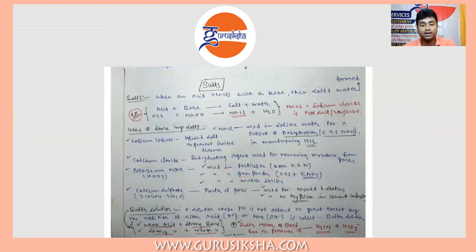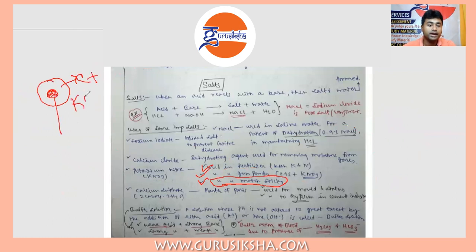So this is another use we can get. The last is to make matchsticks. Suppose in this portion of a matchstick, it is nothing but a combination of carbon and KNO3.